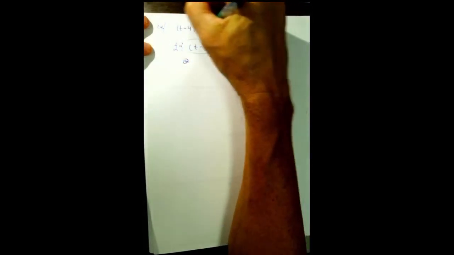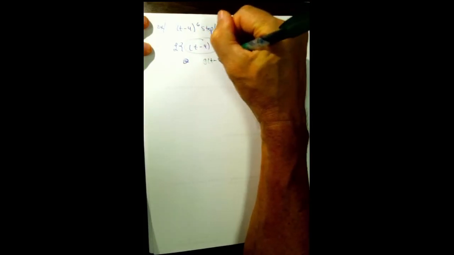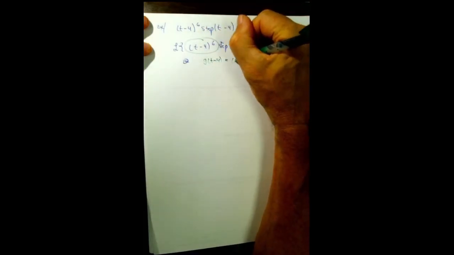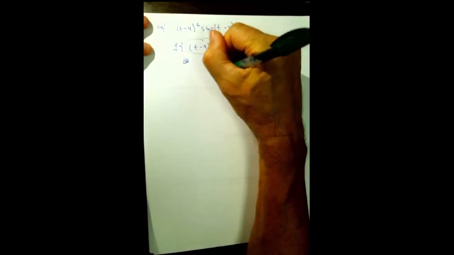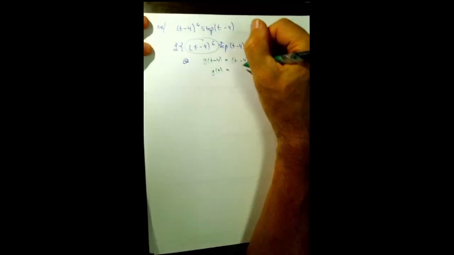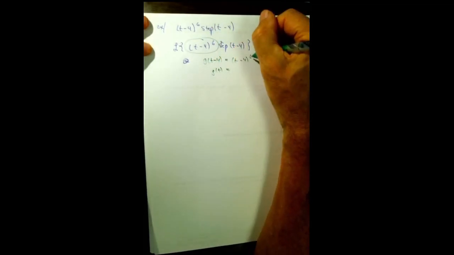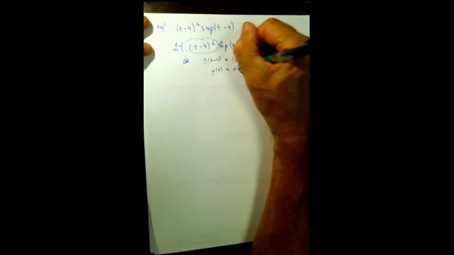But in this case, my g of (t minus 4) is (t minus 4) to the 6th, which means that my g of t just says whatever you give me, I raise it to the 6th.